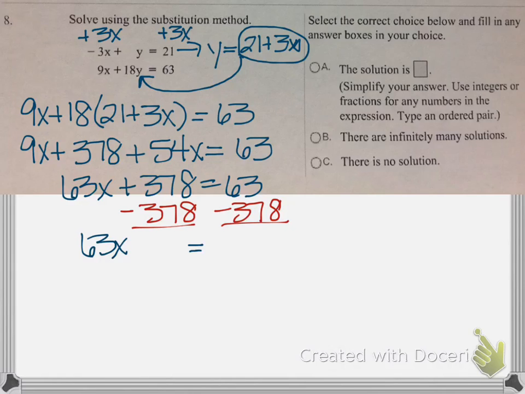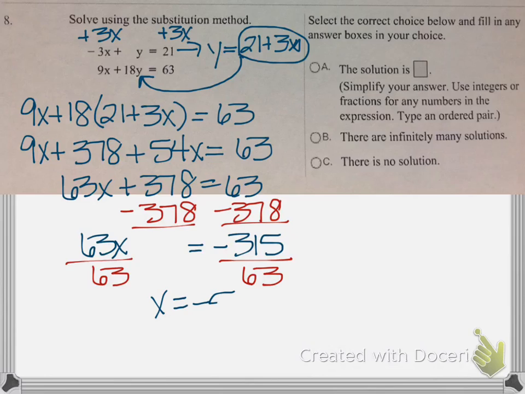And 63 minus 378, negative 315. Divide by 63. And negative 5? Okay, so x equals -5.